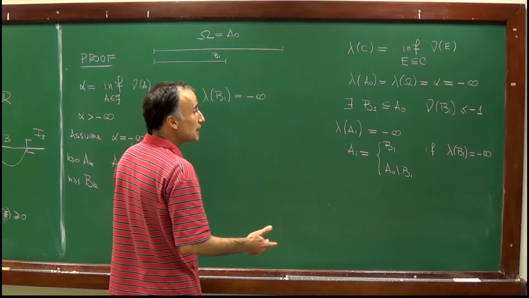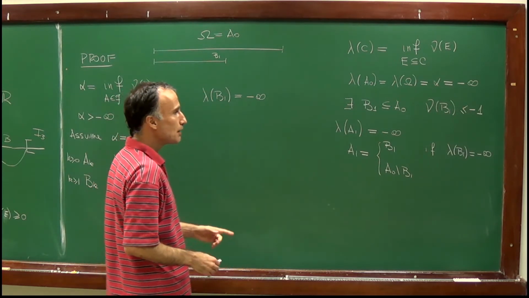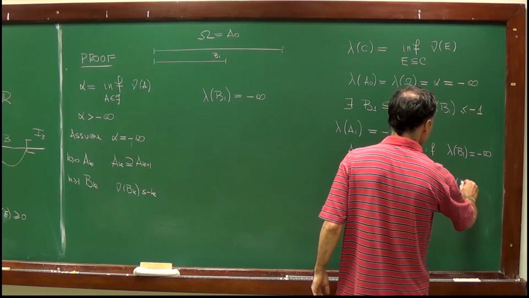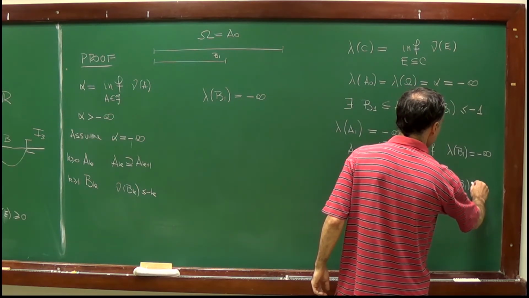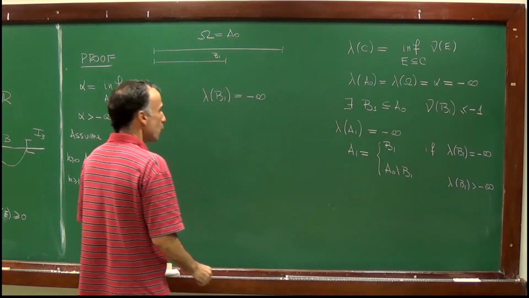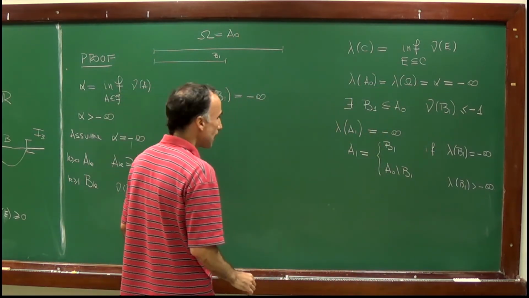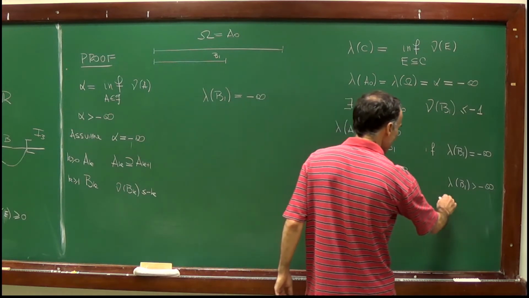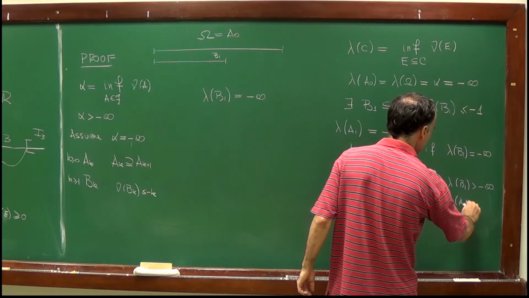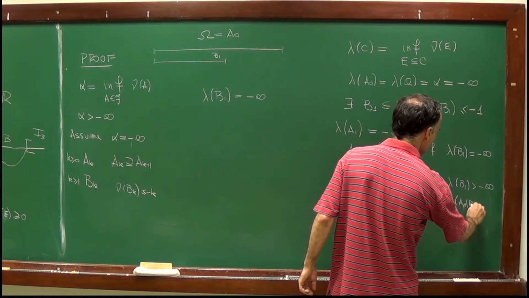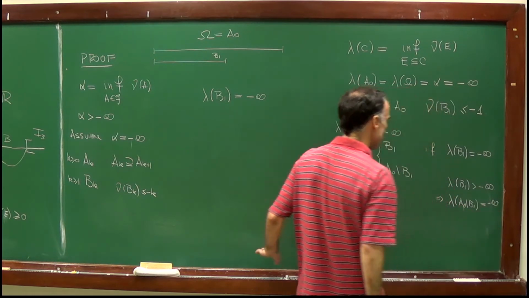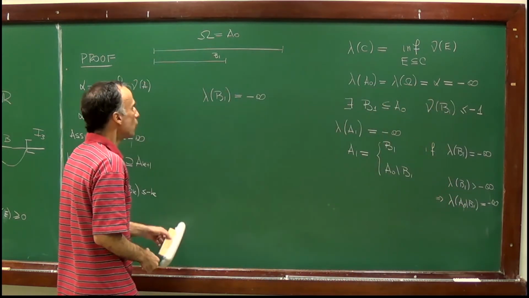Well, but it might happen that lambda of B1 is larger than minus infinity. But in this case, I claim that lambda of A0 minus B1 is equal to minus infinity. Why is that?